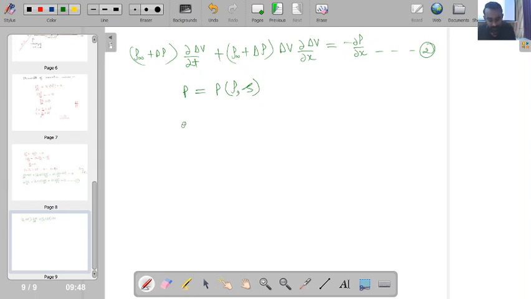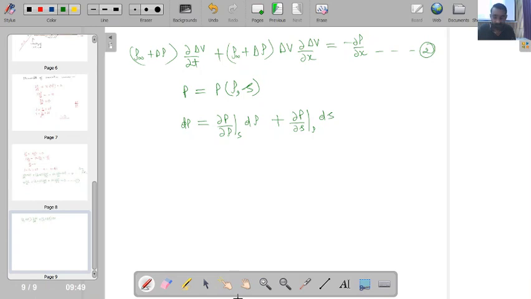So from here I can write dP as equal to del P by del rho at constant entropy into d rho plus del P by del S at constant density into dS.